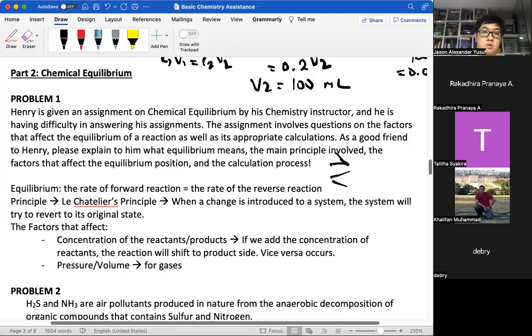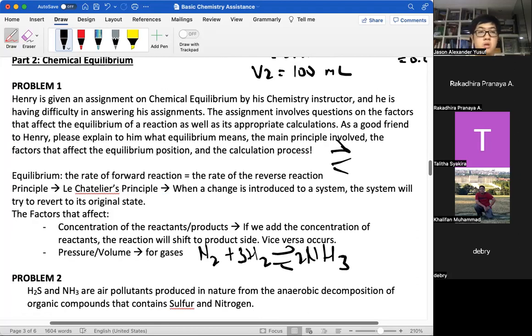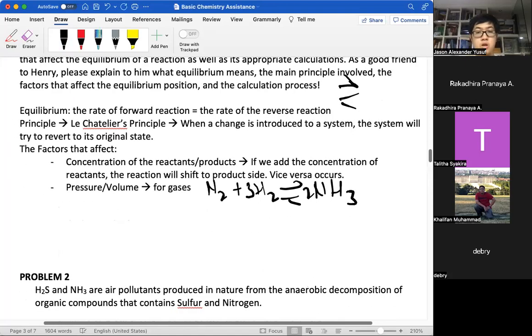So let's say I have a reaction like this, your ammonia production, or commonly known as the Haber process. If we take a look here, I forgot to tell you, all of this is gas, okay? This is gas.